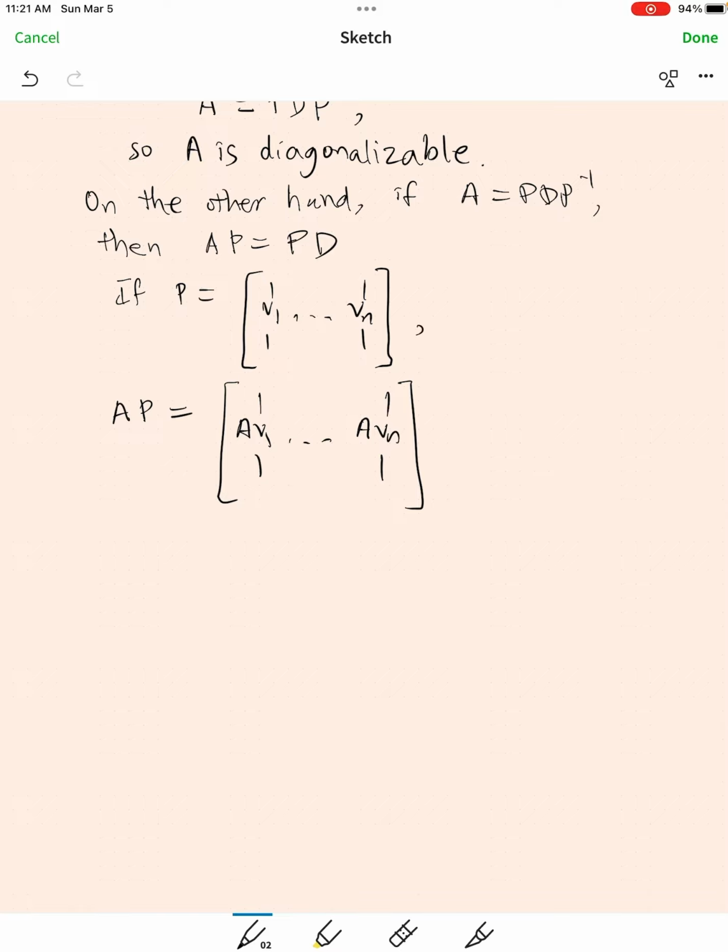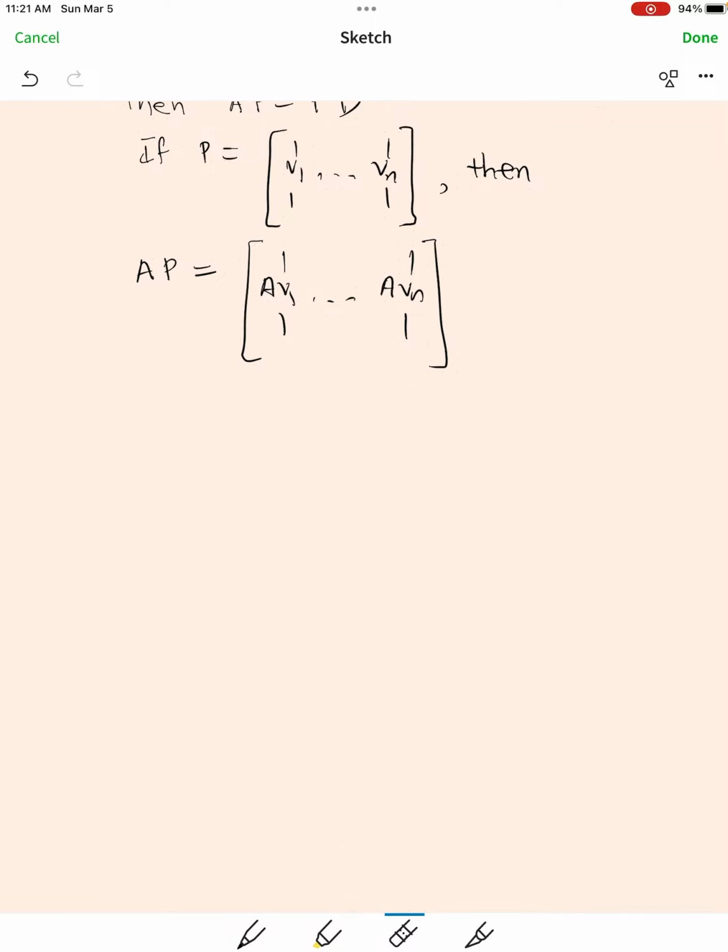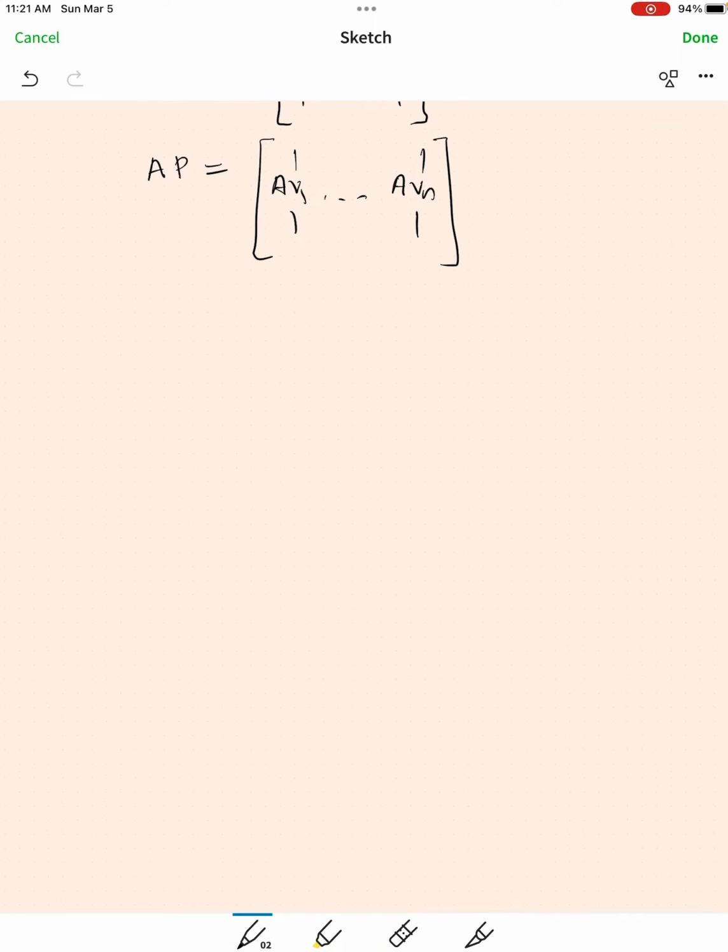So if P is this, then AP is equal to that. And what's PD going to equal? If, let's say, D is this diagonal matrix with lambda 1 through lambda n, then P times D is just going to be lambda 1 V1 through lambda n Vn.